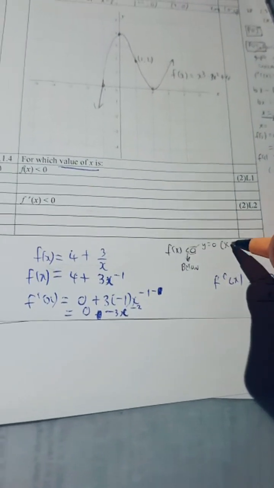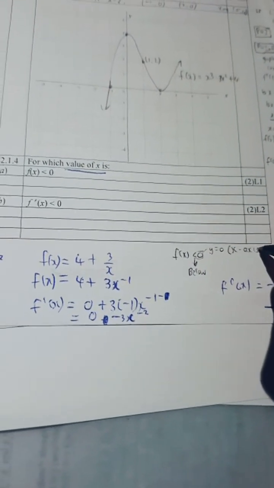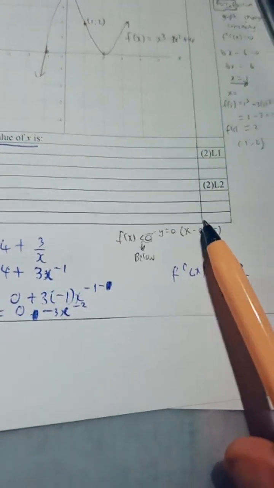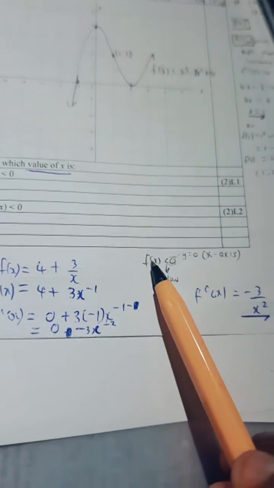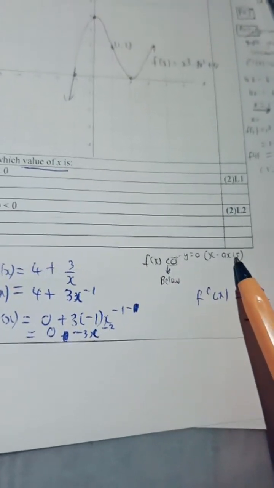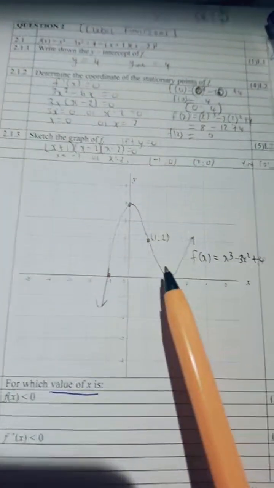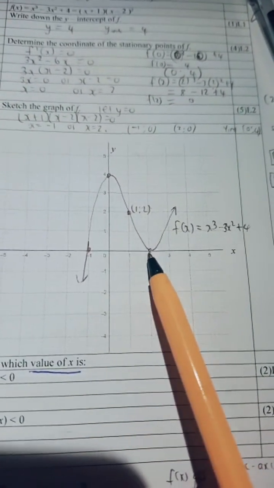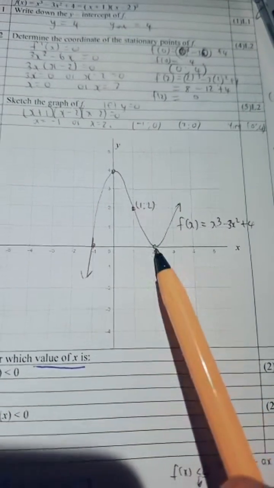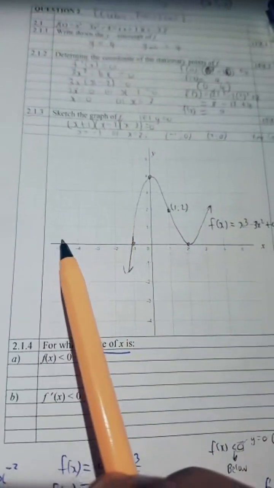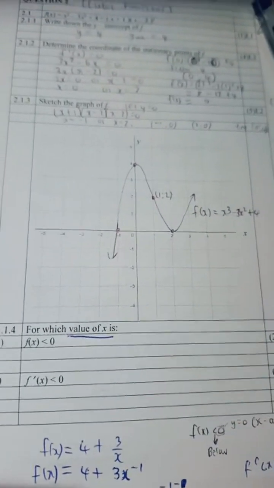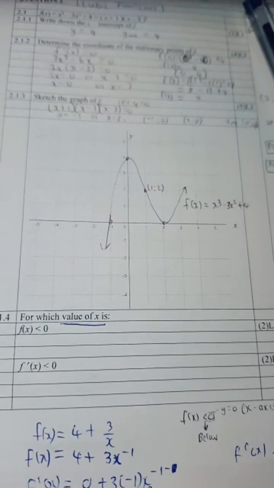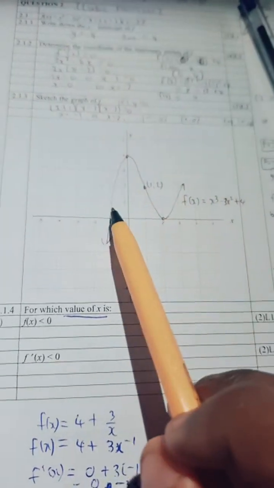Now, the line y is equal to 0, guys, is simply the x-axis. So that's why we say we're asking in actual sense, where is this function below the x-axis? So we come here. Where is the function below the x-axis? So we have to then move from left to right and check where is the function. Which x values show us the function being below the x-axis?